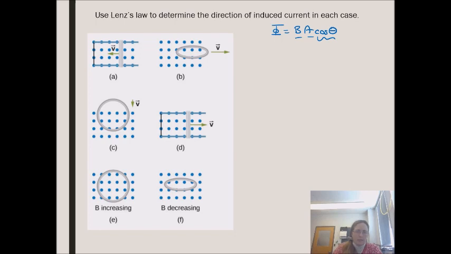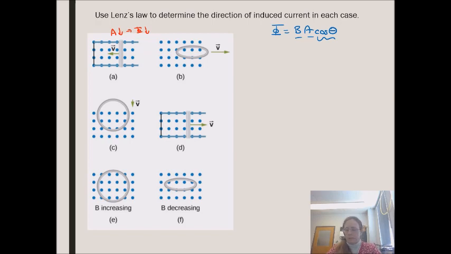So here we have a ring that we're changing the area of. And so the magnetic flux is getting weaker because the area is getting smaller. So here we say the area is getting smaller, so the flux is getting smaller, and the induced magnetic field will want to oppose that change.